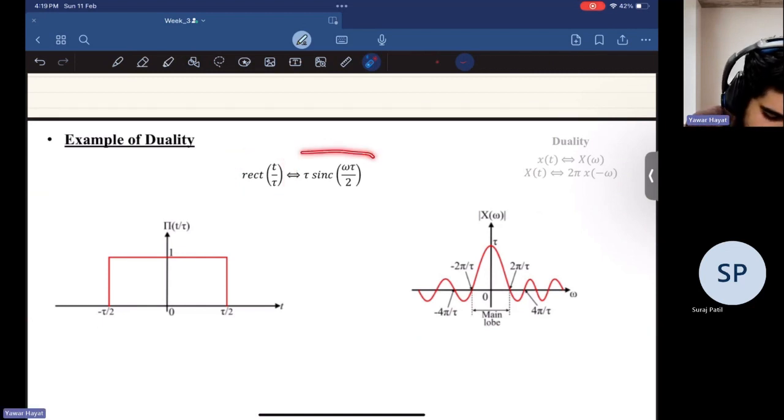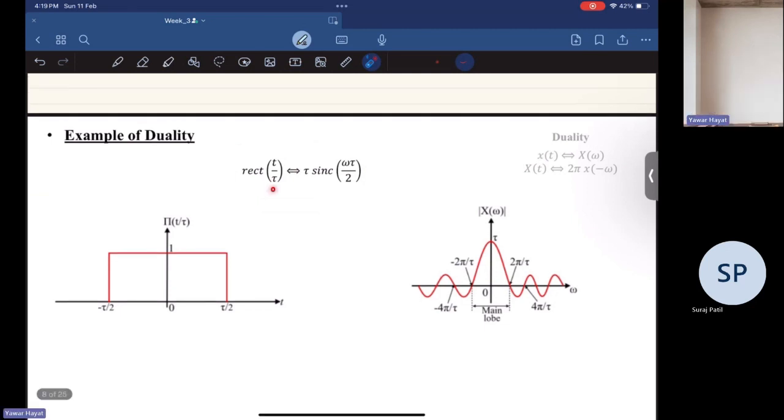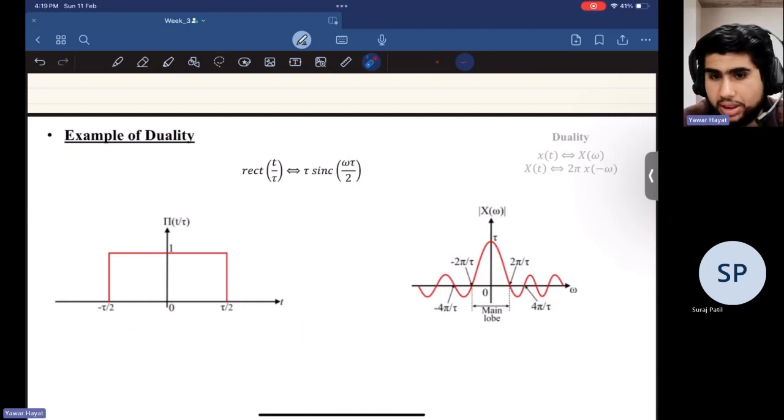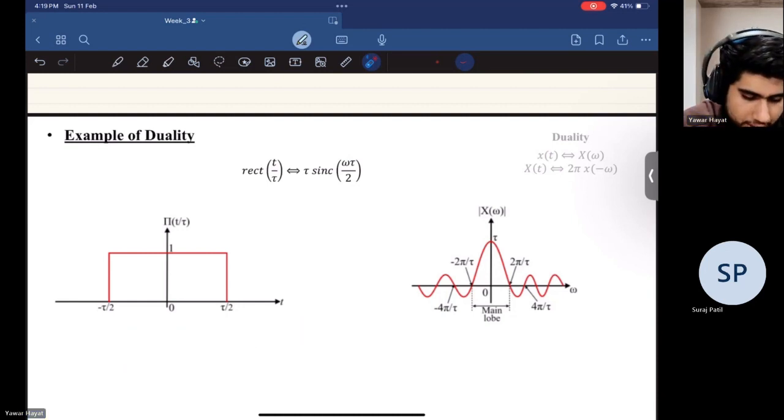One approach is to readily use this result, but we need to be careful with the notations. So this tau was the duration over which the signal was unity. This interval would be tau for which the signal is unity.